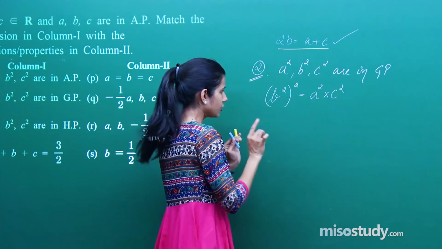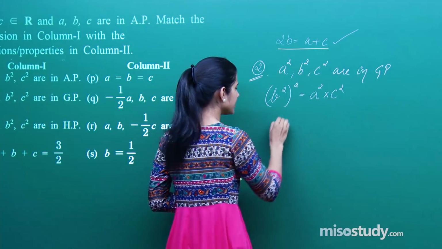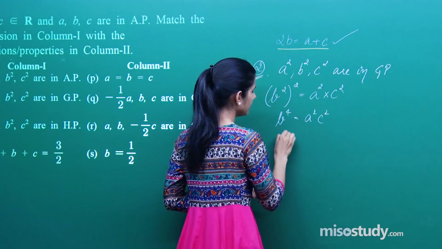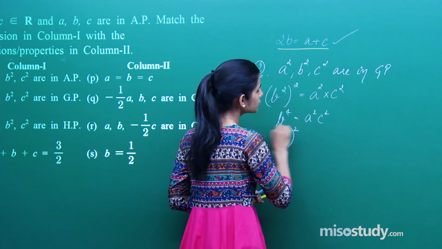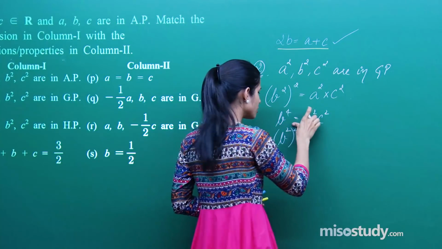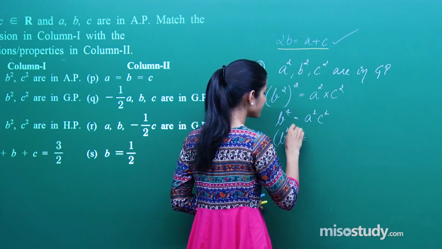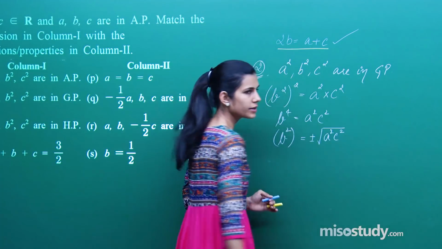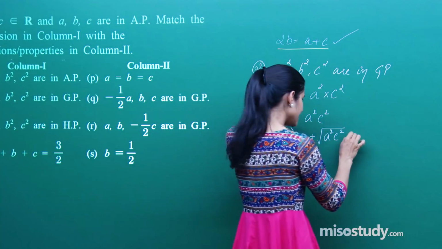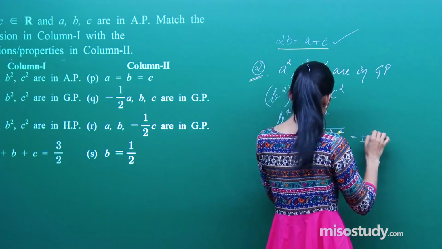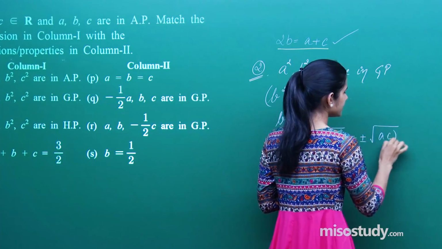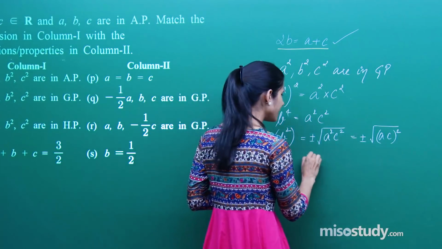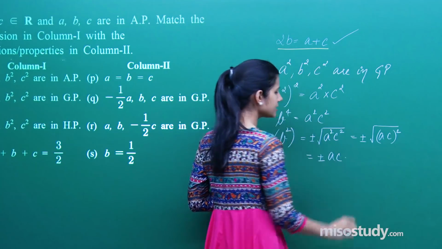Okay, carefully analyze the situation. This means B to the power 4 is A square C square, or (B square) whole square is A square C square. So B square is nothing but plus minus square root of A square C square, which means plus minus square root of (AC) whole square, which means this is equal to plus minus AC.